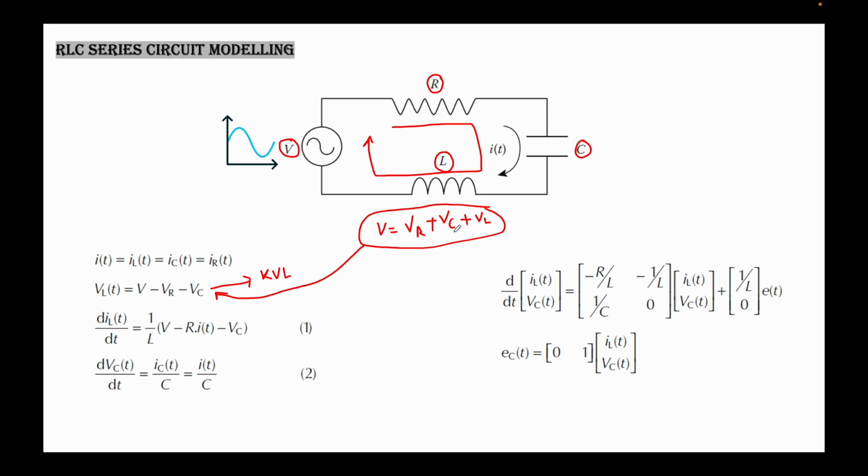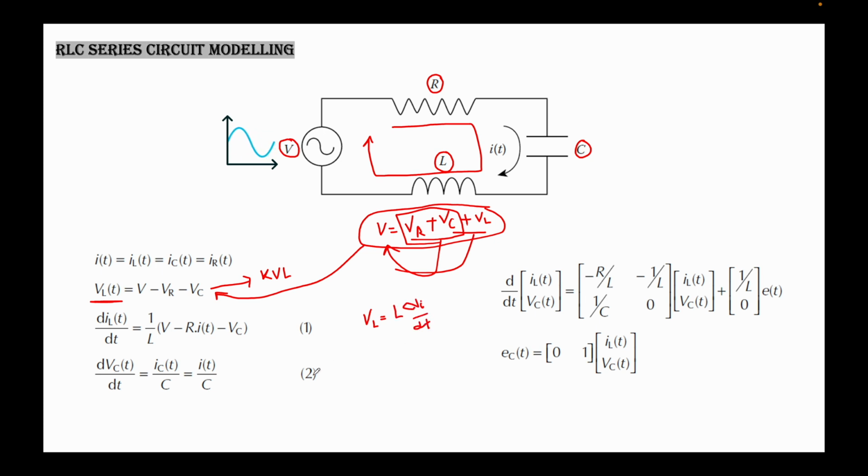So these two terms will be moving to the left hand side. Considering this, we have the system equation now. Here you can see this is the voltage across the inductor, which is equal to L di by dt.